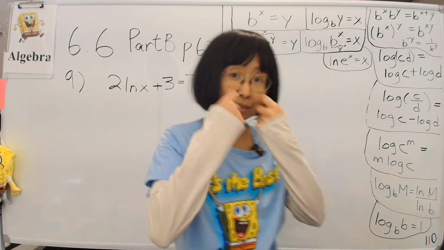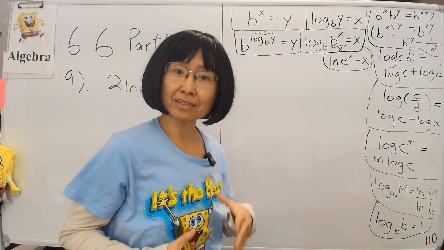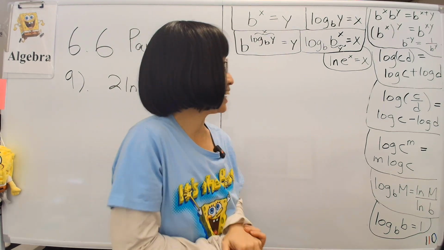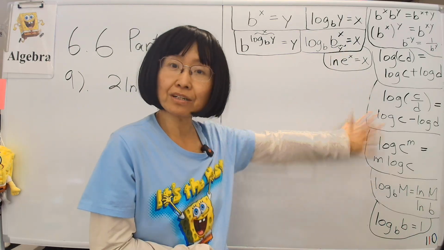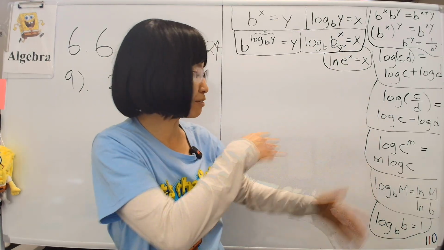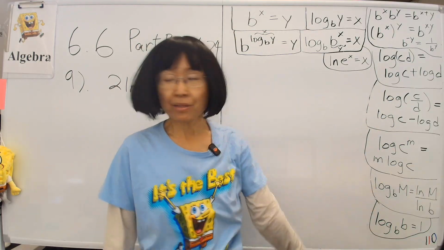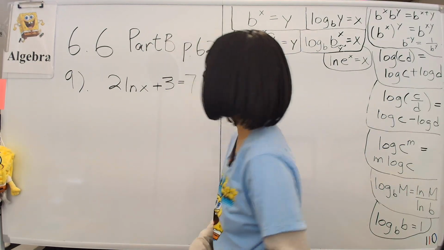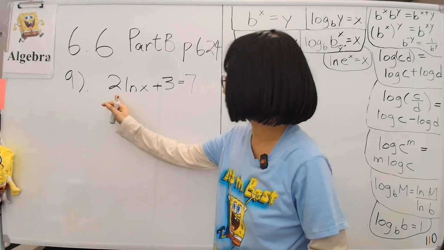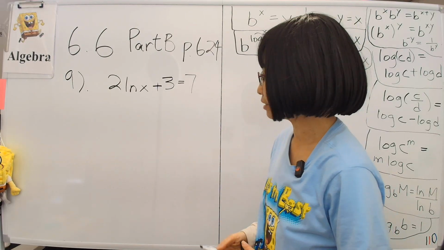The thing about logarithms is that they are easy to learn, but also easy to forget. So constantly refer back when you forget whether it was plus, minus, who knows, and this will clear it up. Having said that, let's do example 9, which is to solve this equation right here.